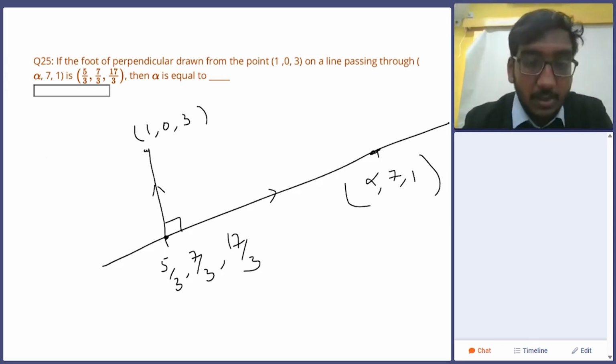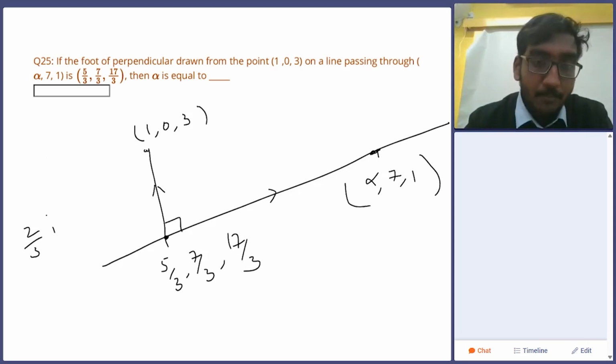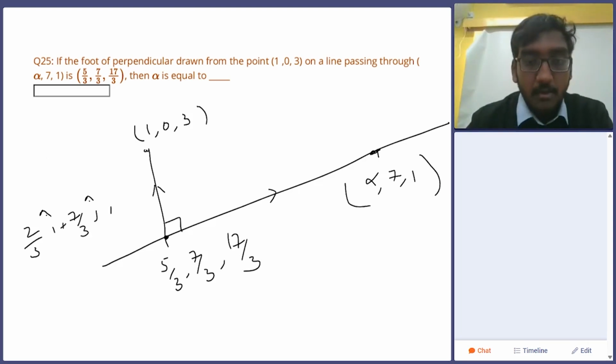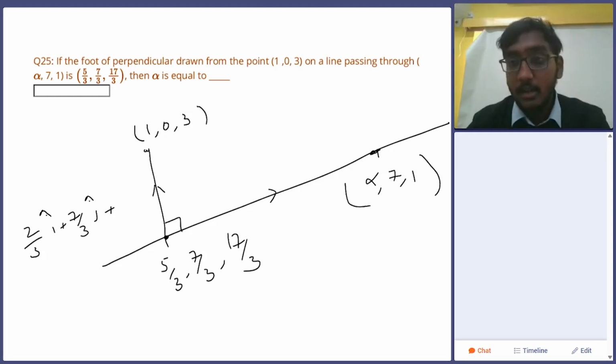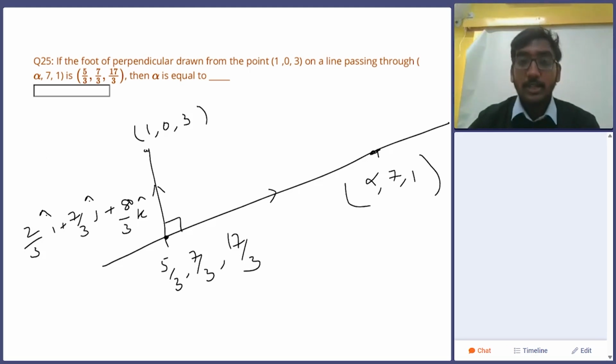What will be the first vector? It will be 2 by 3 i cap, plus 7 by 3 j cap, plus (7 minus 9) upon 3, that is 8 by 3, k cap. This is this vector. And what about this vector?